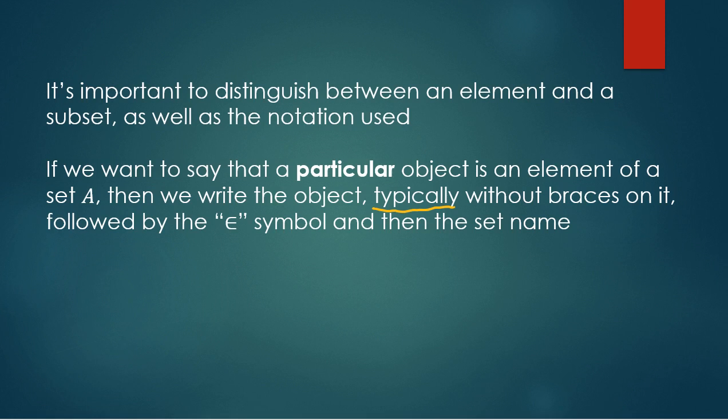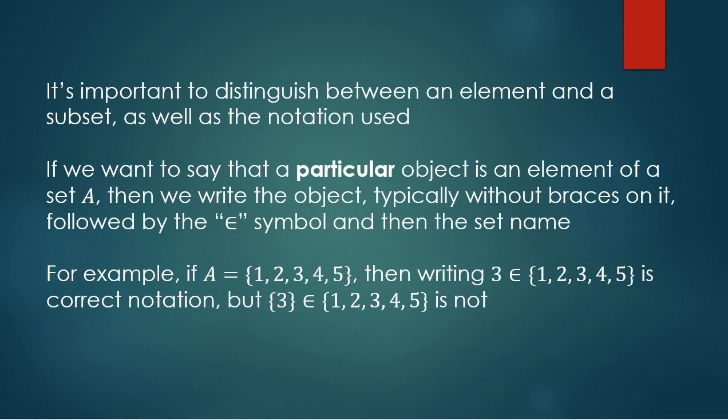There is one particular case, though, where when you want to say something is an element of a particular kind of set, the element does indeed have the squiggly brackets on it. That is something I will show you. We're not going to spend a lot of time on it, but I just want to stress that typically when you say something is an element of a set, the thing that is an element is not going to have the squiggly brackets on it.